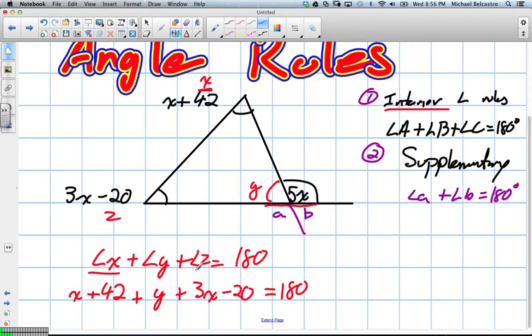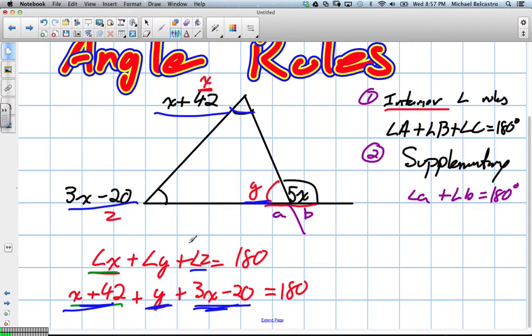So we replaced Z with this amount, we replaced X with this amount, and Y was still the same. Does this make sense so far? How we set up the interior angles? So we took this angle for X, this angle for Z, and Y was unknown to us.